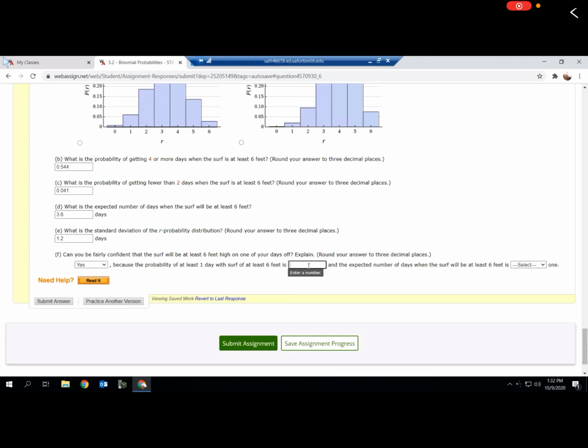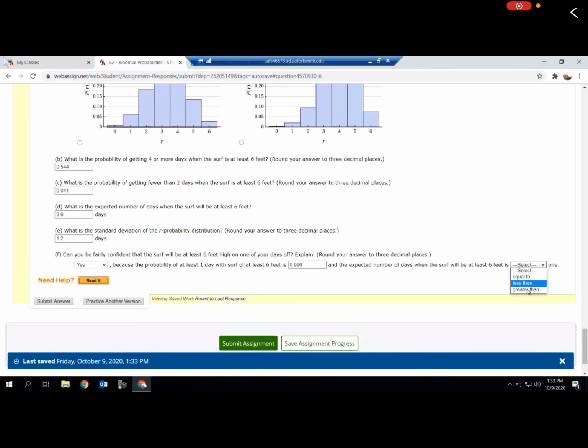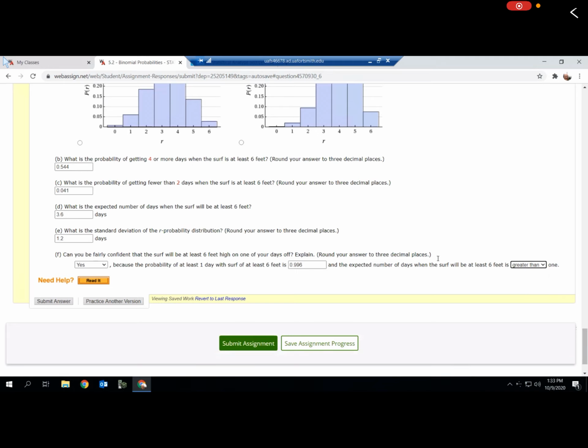That's a very high probability. And the expected number of days when the surf will be at least 6 feet is greater than 1, because our expected was 3.6, so greater than 1. All right, I'm going to submit. Let's keep our fingers crossed.